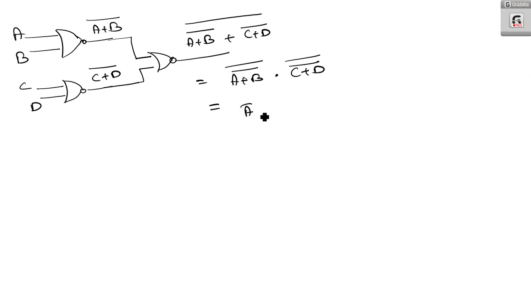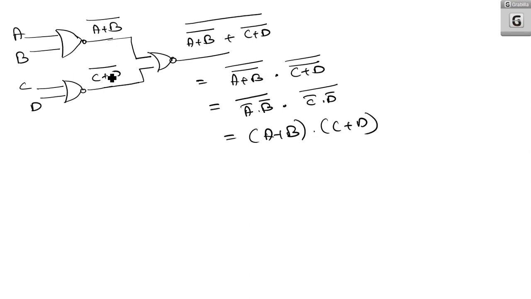That is A bar dot B bar the whole bar dot C bar dot D bar the whole bar. So again it will come back to A or B and C or D. Now here one question. If I am having A, I need to get F is equal to A and B or C and D. How is that possible? That is the next question.